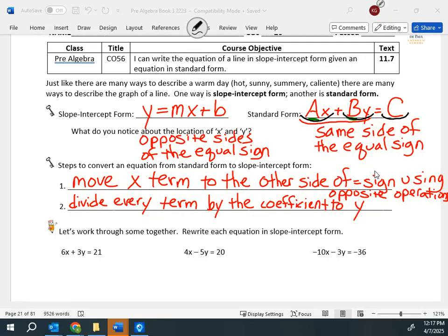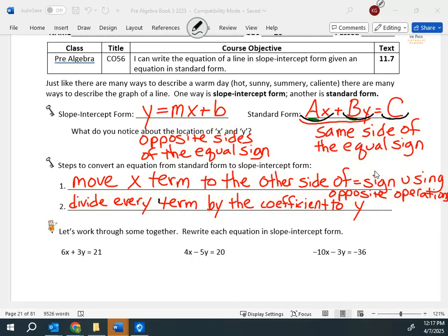Those are our terms. So the coefficient is the number that's next to the variable. We know what a variable is. The term is all of it connected like that. If there is a number with no variable, does anybody know what that's called?